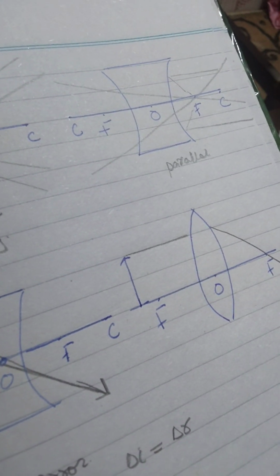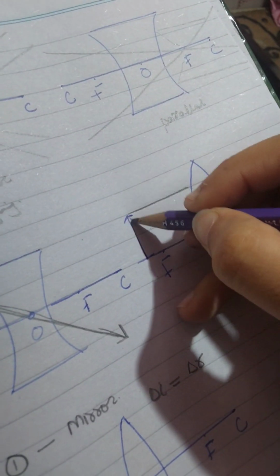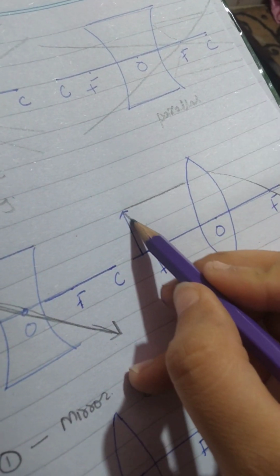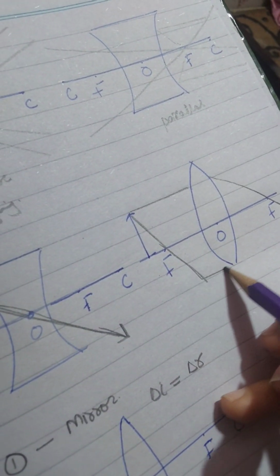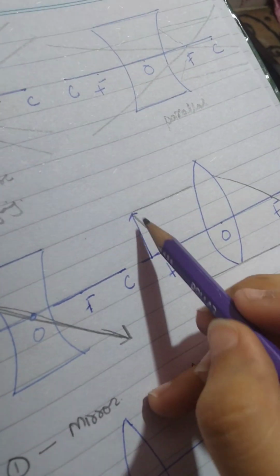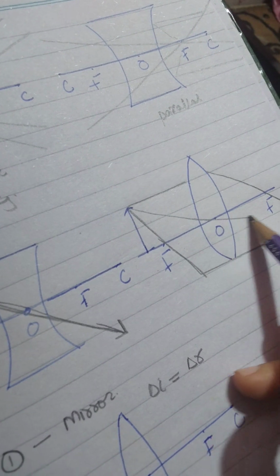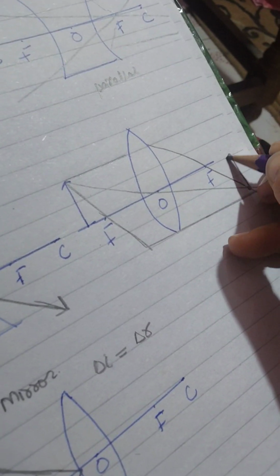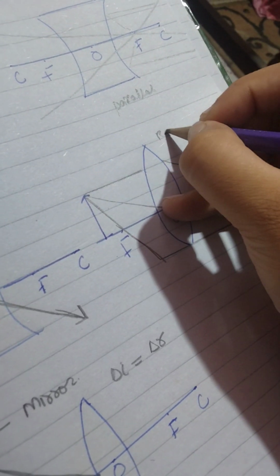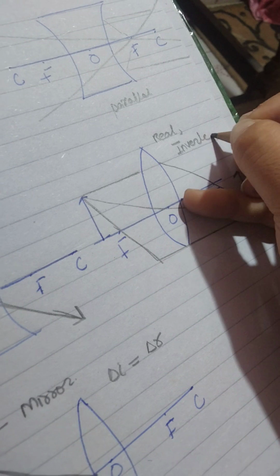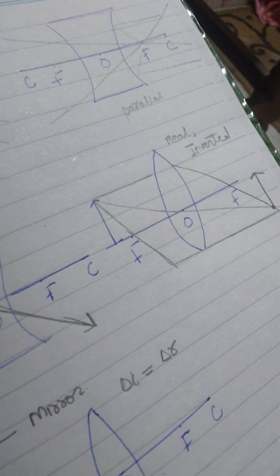Then there will be a line which will move from the focus, basically it will move like this, it will move parallelly. Then there will be a line which will basically move from the optical center. So here it is crossed, so here the image will form. So the image is basically real and inverted. The image is real and inverted.